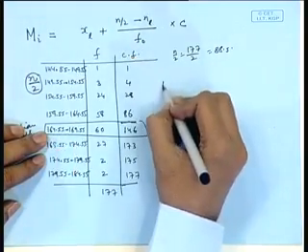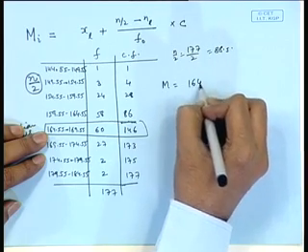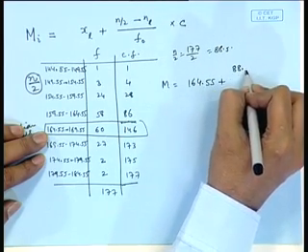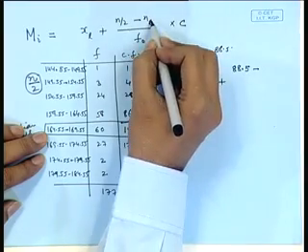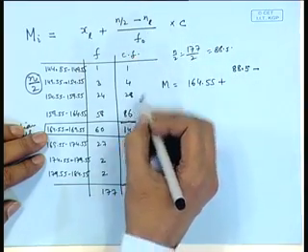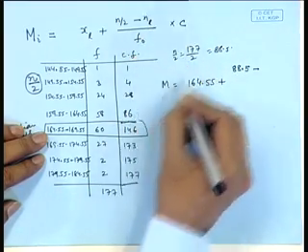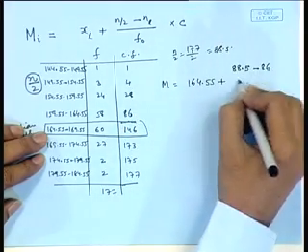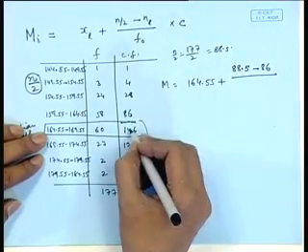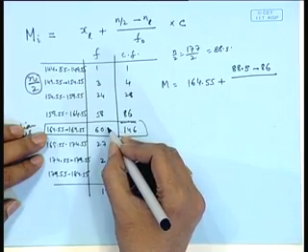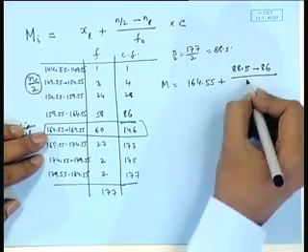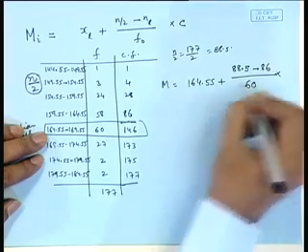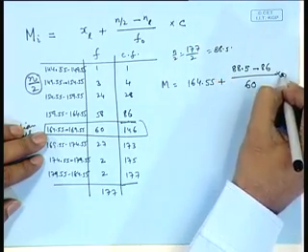So, in this formula the median will be 164.55 plus (n by 2, that is 88.5, minus nL). nL is the cumulative frequency occurring just before that class, that is 86, divided by f naught. f naught is the frequency of the median class, that is 60, multiplied by c. c is the length of the class interval.